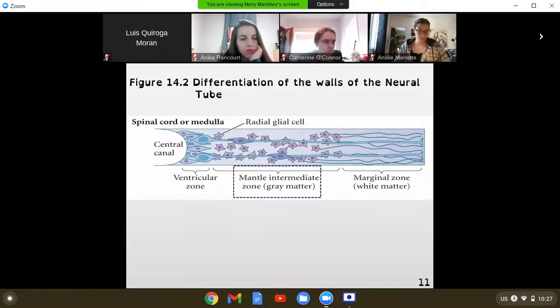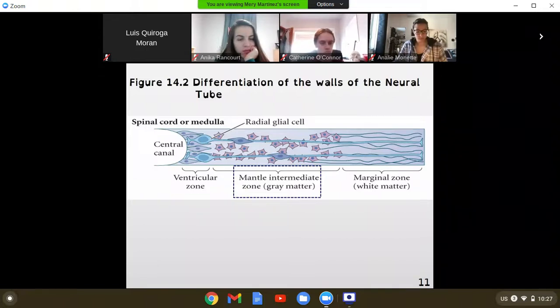Okay, so we have some stem cells, and we have the radial glial cells that will act, as I say, as a little monorail for the cells that have birth here to be able to go and know exactly where they need to go. Okay, so the cells in the mantle will eventually differentiate into neurons and glial cells.